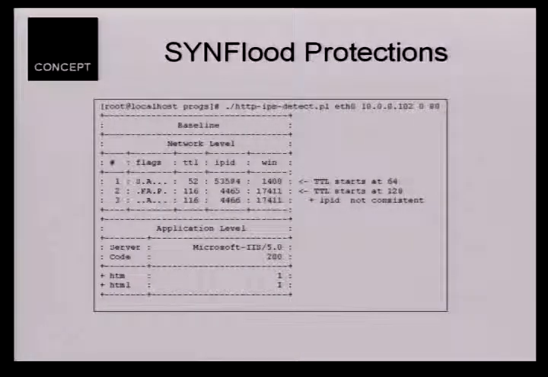Maybe a little bit more interesting, SYN flood protection. Let's say somebody here is working with some SYN cookies. So I send the SYN, I receive a SYNACK, and I see that the TTL started at 64. Then I keep on launching my request, and I get the answer. And the answer now is a packet which has been generated with an original TTL of 128.